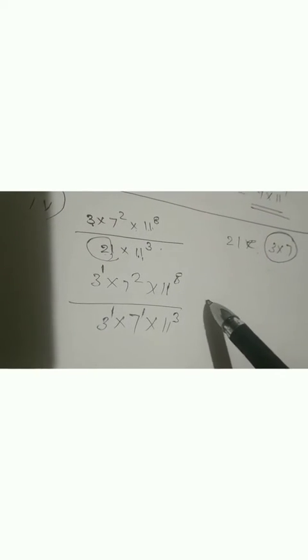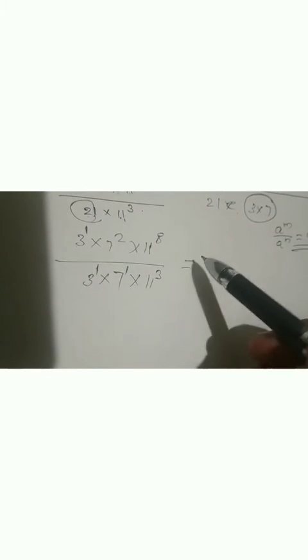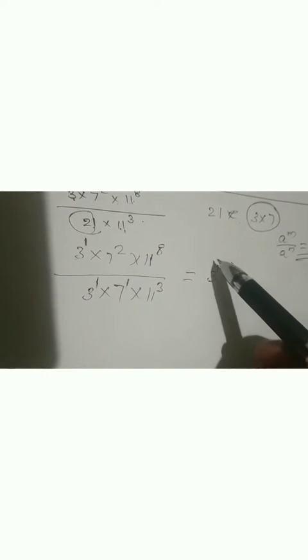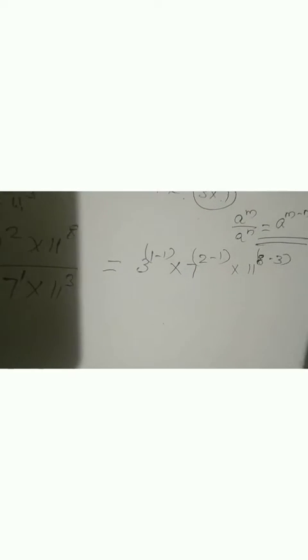Okay, now we can apply a raised to m divided by a raised to n is equal to a raised to m minus n. Okay, here for 3 it is 3 raised to 1 minus 1, m minus n, into 7 raised to 2 minus 1 into 11 raised to 8 minus 3. Okay, got it?